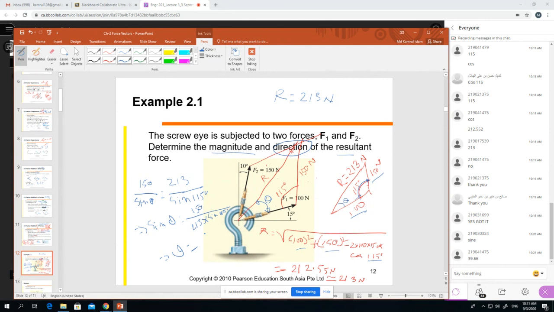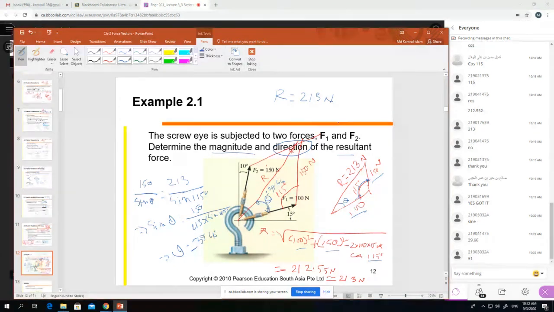Okay, any other answer? At least I want three answers. Someone told me the answer is 39.6 degree. So this theta equals 39.66. Now our angle up to here is 39.6 degree.